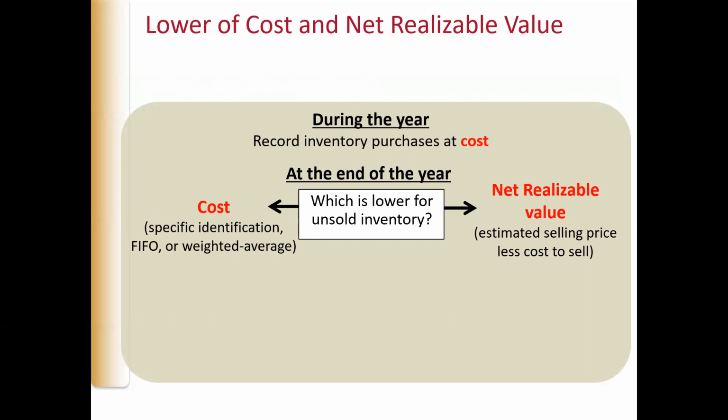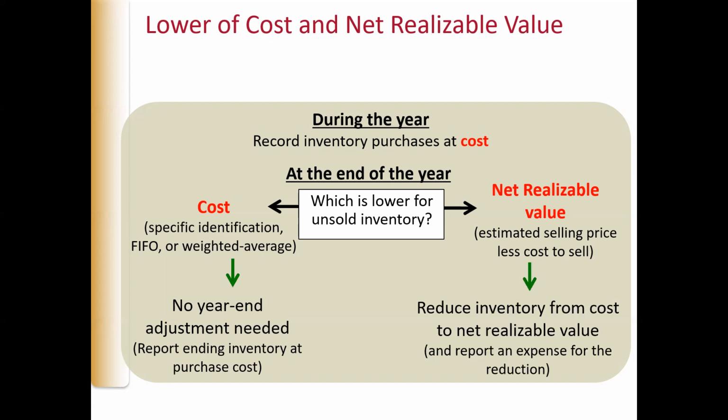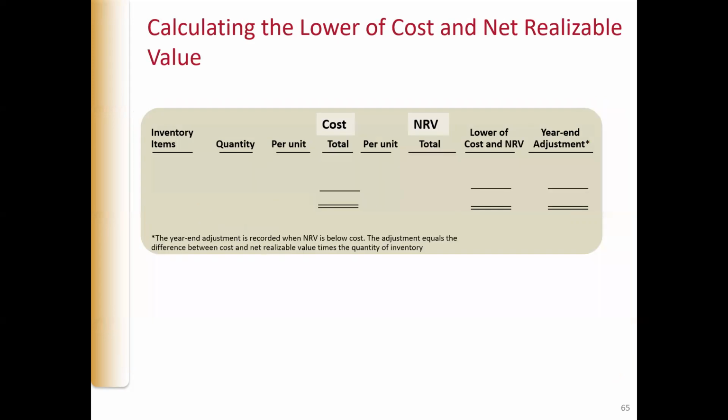If net realizable value is lower than cost, we will then need to adjust our books to account for the lower price. If the lowest price is cost, there's nothing we need to do. But if it is net realizable value, then we're going to have to reduce our inventory from cost to net realizable value and show an expense on the income statement.